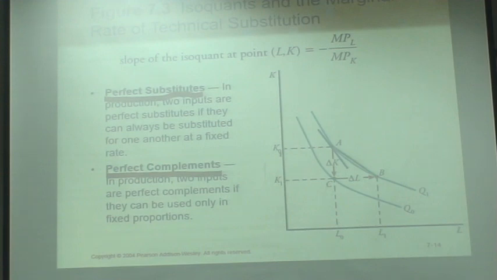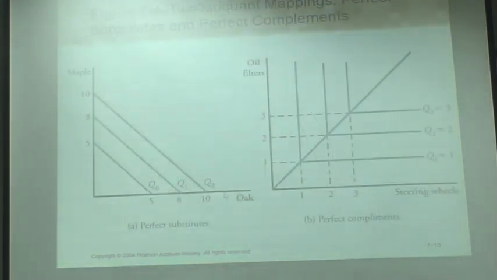Here you will have something like that. And if it is a perfect substitute, this is not a budget line, this is not an isocost. This is the isoquant, when the two factors, maple and oak, are the same thing.